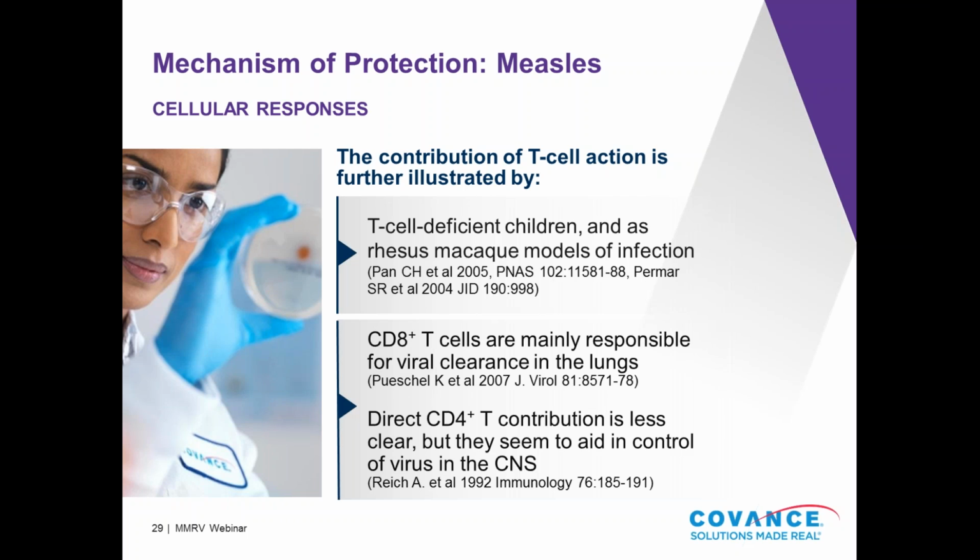This becomes more of an opportunity when we think about personalized medicine. Developing novel correlates of protection for measles could lead to a new option in the rapidly expanding menu of personalized immunity.